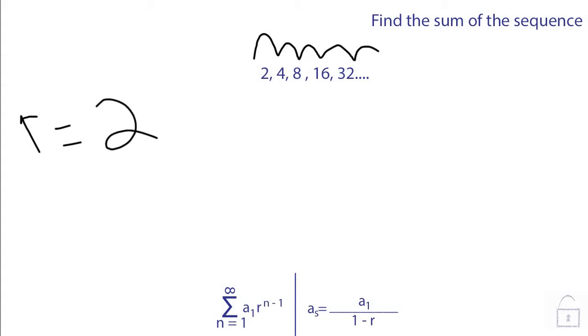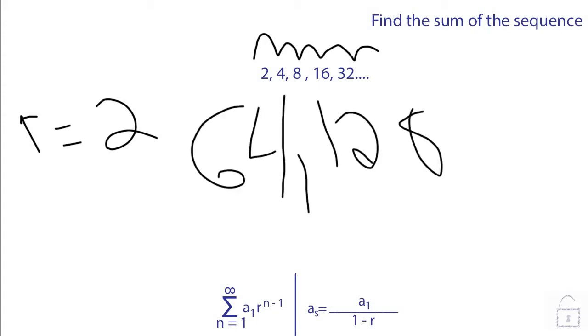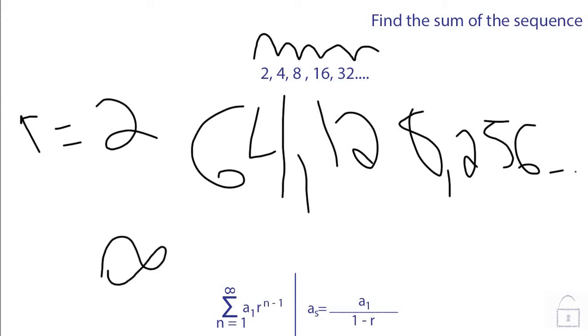But since this is getting bigger and bigger, we're multiplying by 2, we'll get 64, then 128, and then 256, and it's just going to keep getting bigger from there. So we're not going to be able to calculate the sum of this, so the sum we can just say is infinite, and that will be our answer for this problem.